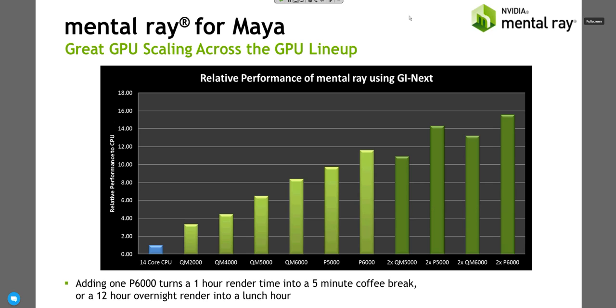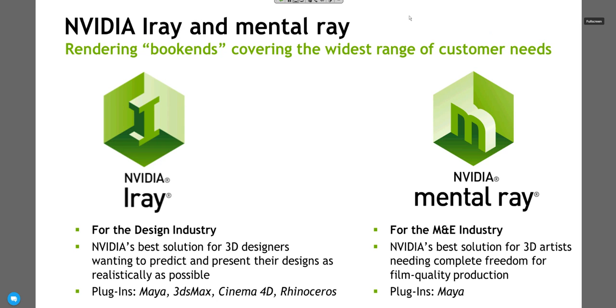And all of these bars are compared to the speed that you can expect from a typical 14-core CPU. So we know what Mental Ray is, or most people know what Mental Ray is these days. What you might not be as familiar with is NVIDIA iRay, which is a newer physically based photorealistic renderer that we've offered for about 6 years.